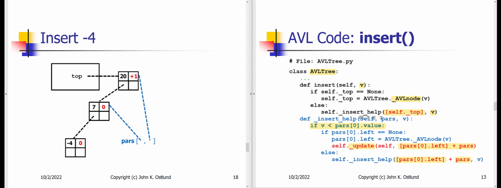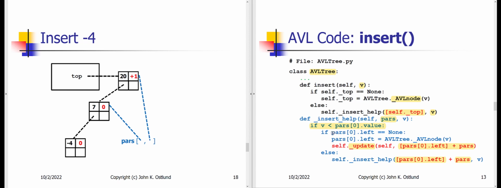All right, so we come up here. This time through, pars has two values in it. It's referring to the 7 and to the 20. Is -4 less than 7? Yes, it is.